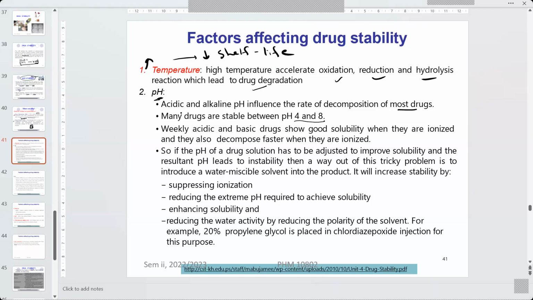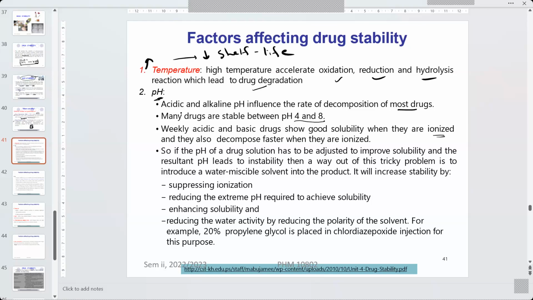Usually drugs will react when they are ionized, and they will be ionized depending on whether they are weak acids or weak bases. They will be ionized in the opposite pH. So if they are weakly acidic and you put them in alkaline pH, they will be more ionized. More ionized, they can react. So they decompose faster when they are ionized.